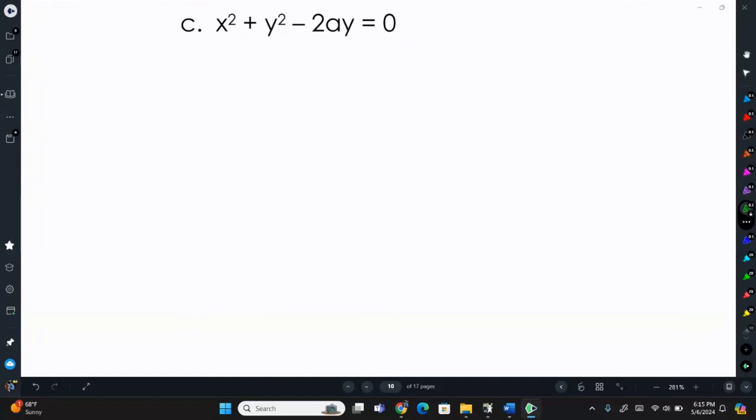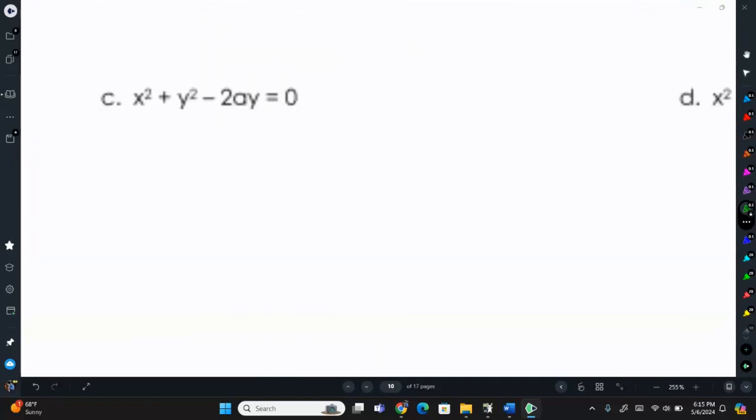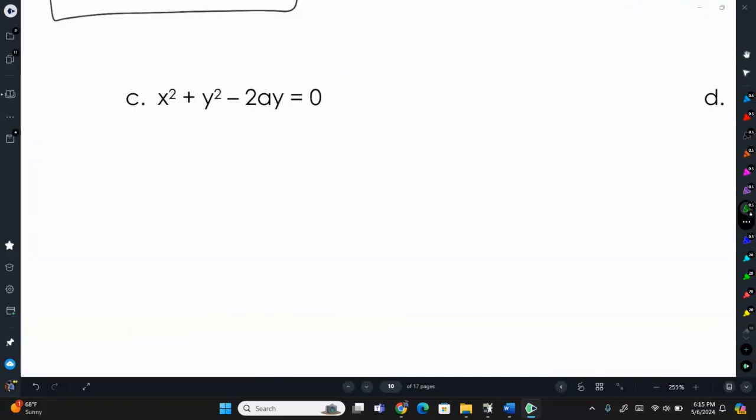Then letter C, we have x squared plus y squared minus 2ay equals 0. Well, x squared plus y squared is equal to r squared, minus that y is equal to r sine theta, so minus 2a r sine theta equals 0.